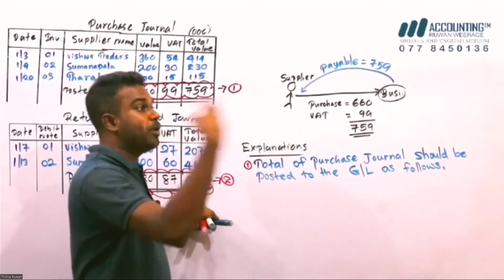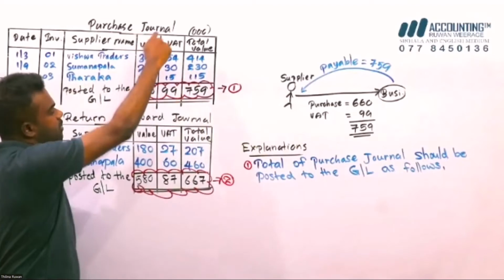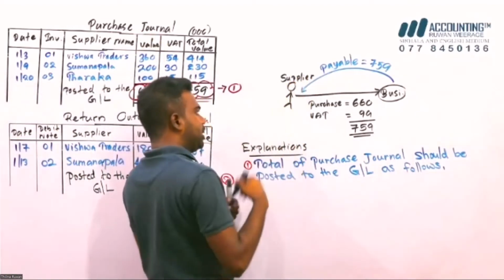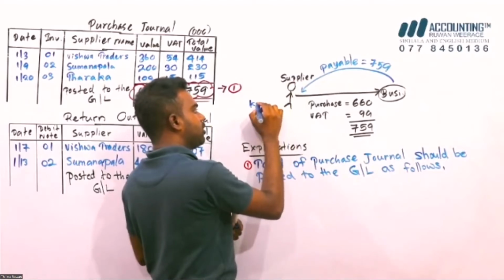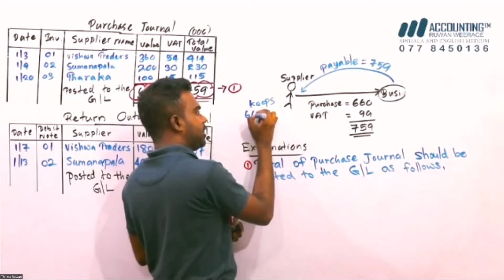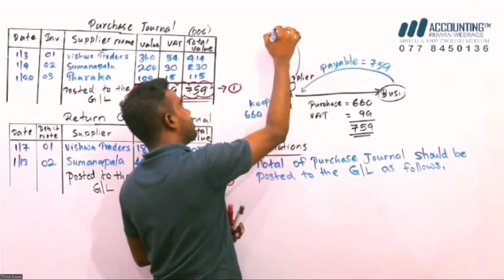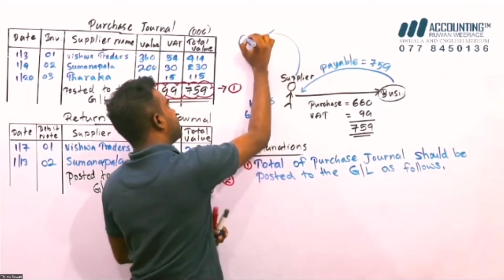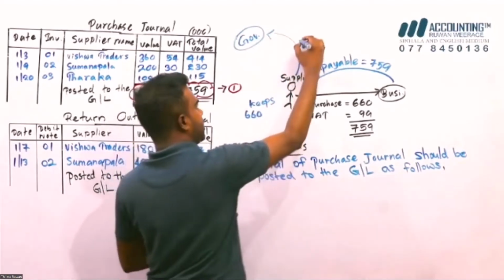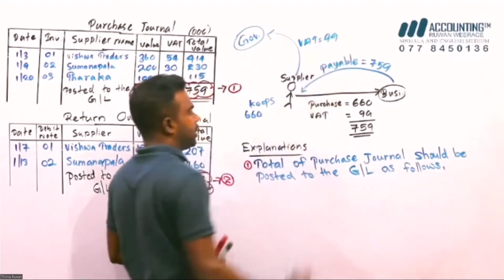The business has to pay all the amount, but it is payable. This is a credit purchase, the purchase journal. Then the supplier keeps only the purchase price, 660, and the remaining VAT will be sent to the government. How much is the VAT amount? 99 rupees.